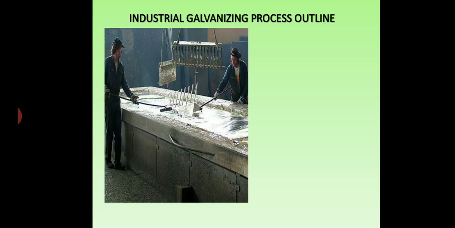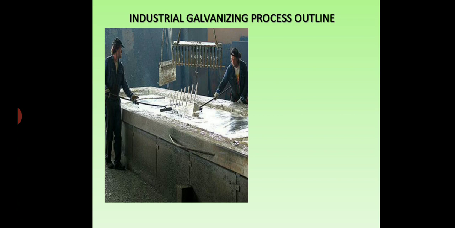Before that, let us observe some diagrams and pictures. As you can see here, this is how it is exactly done in industry. If the plant is big enough, there might be automated robotic machinery, but here is the authentic way it has been done from the previous days.